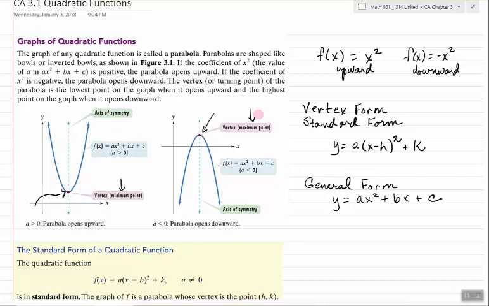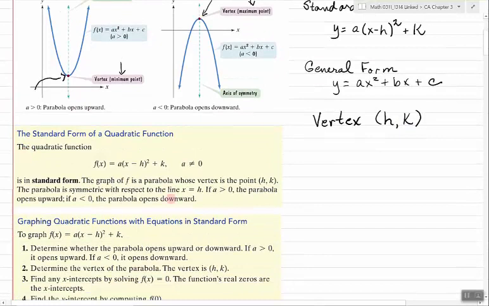We'll talk more about that. The vertex is a point, but it gets special letters h and k. So remember, h is the x coordinate specifically of the vertex, and k is the y coordinate specifically of the vertex.